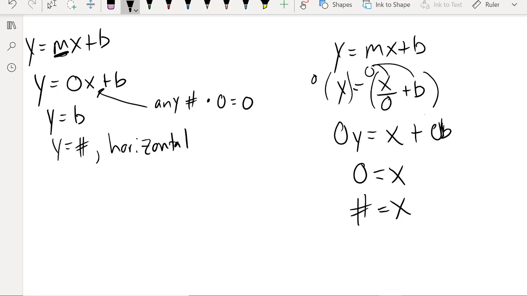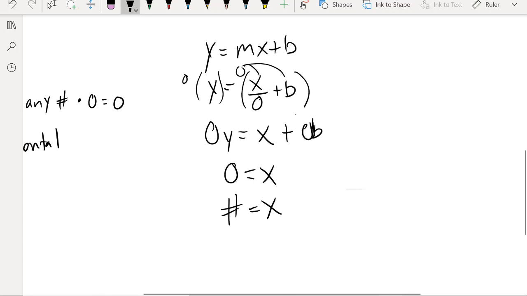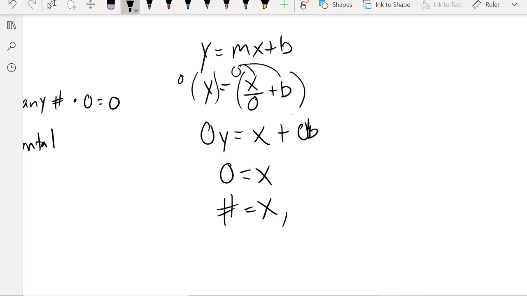Okay, so this one's not as easy to do algebraically because, again, you're dividing by 0 and it makes things go weird, but x can equal a number, so that means that I have a vertical line. When x equals a number, I have a vertical line because the y goes away. If y is 0, then I have an undefined slope.